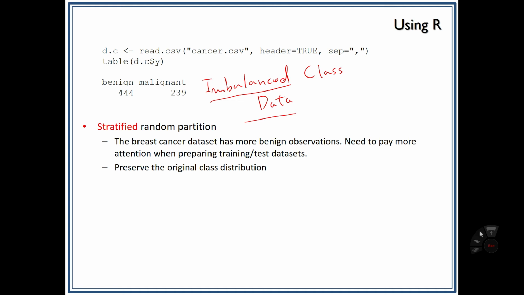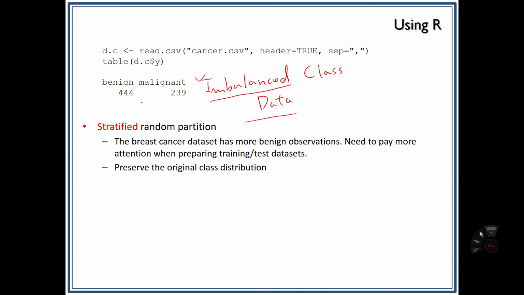This is one of the most important topics in the classification area, because in fact there are many cases where the class distribution is imbalanced. Let me talk about this imbalanced data classification later in more detail.